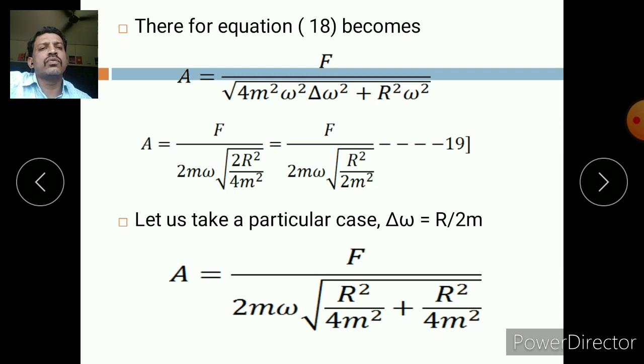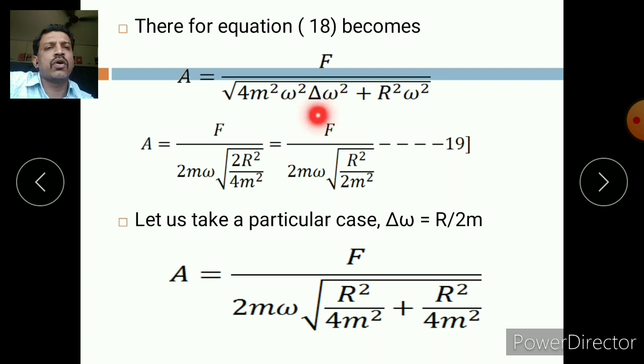Now how can we simplify this? We keep the value of delta omega square. This will be 2 m omega, with the under root also there.